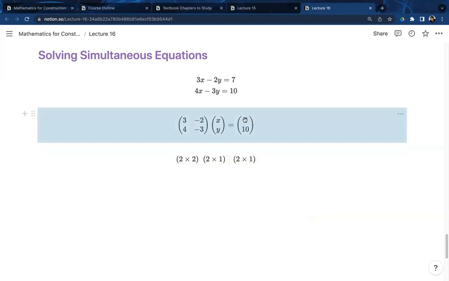So 7 is equal to the first row by the only column, 3x minus 2y, and we're given that 3x minus 2y is 7. Similarly, second row by the only column is 4x minus 3y, and that is equal to 10. So it's very easy to take a pair of simultaneous equations and convert it into a matrix equation.